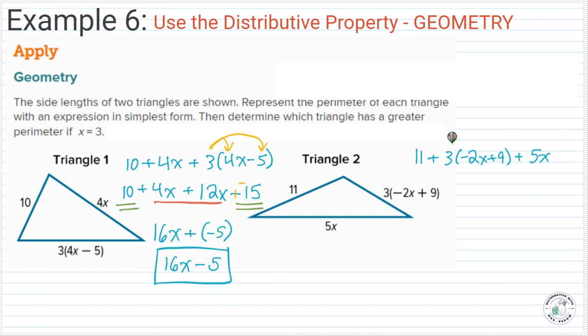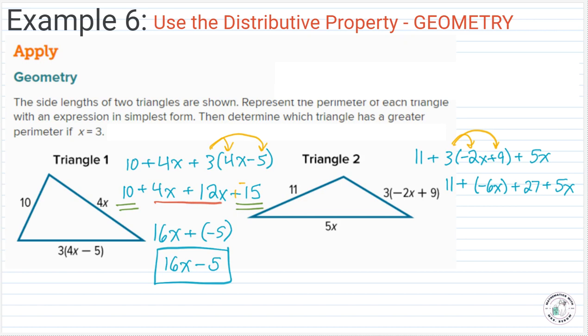So multiply, multiply. The 11 is still hanging out front, so we have 11 plus the 3 times negative 2x, which will be a negative 6x, plus the 3 times 9, which is 27, and then we have that 5x on the end. So we used the distributive property first to get rid of that quantity, and now we have 4 individual terms.